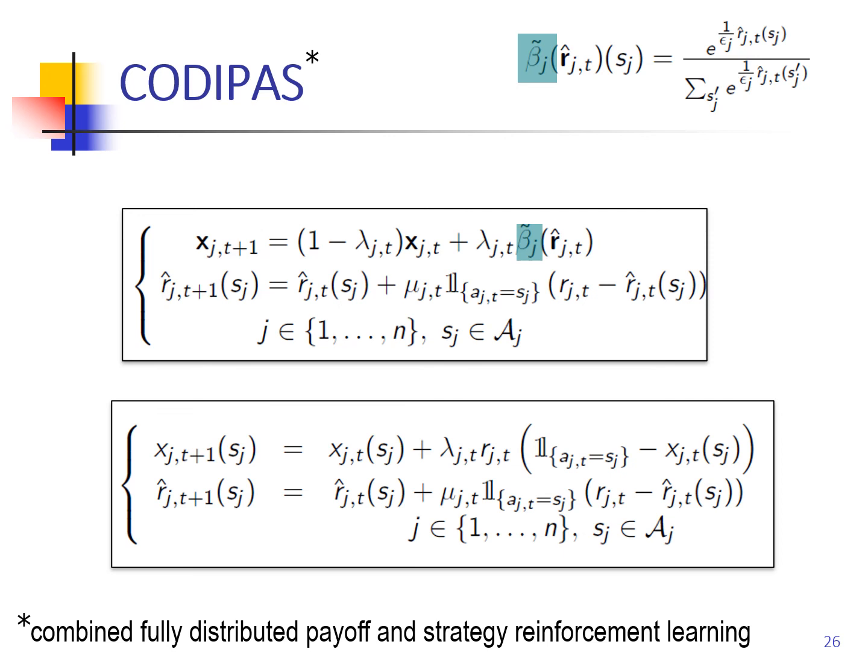All right. This is why it's called combining payoff and strategy learning. R is the payoff or utility, and then the strategy is X. So I hope this is very clear, because this is the algorithm that we'll be using extensively.